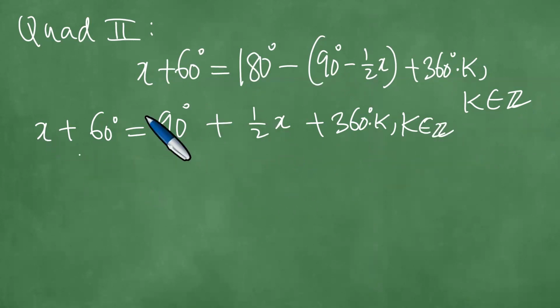So we have x minus 1/2 x, which gives us exactly 1/2 x.